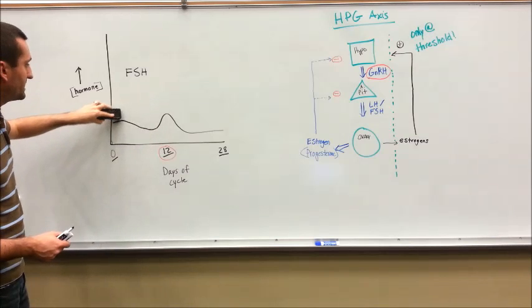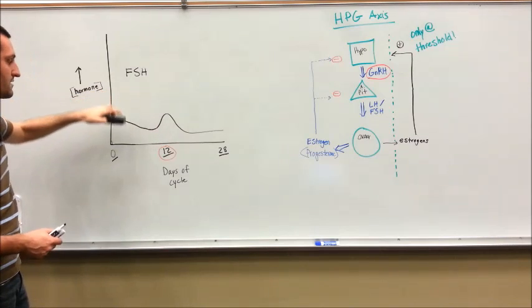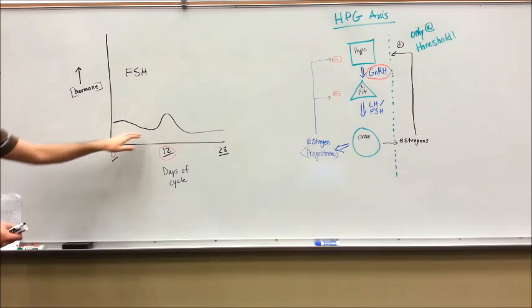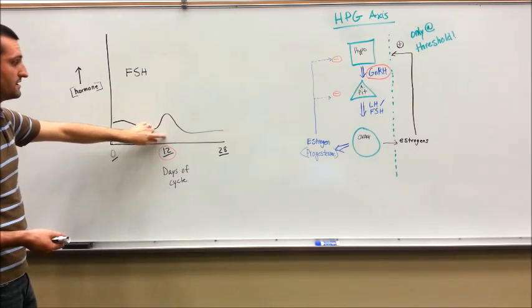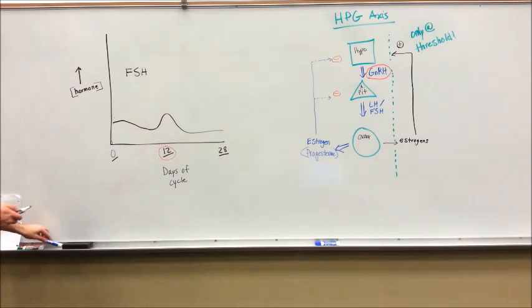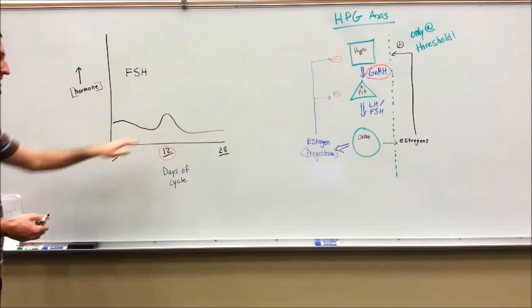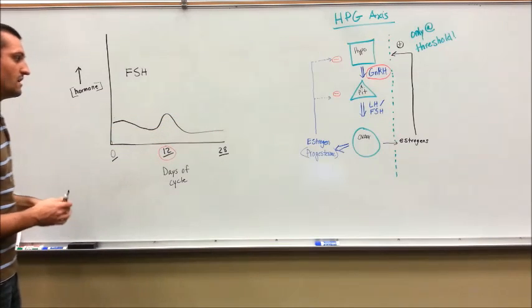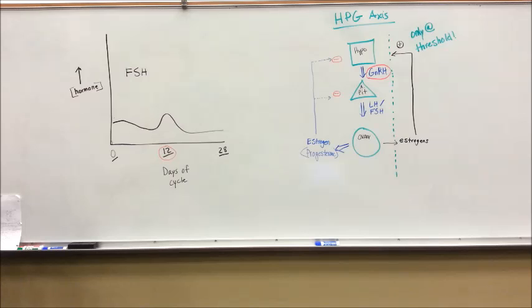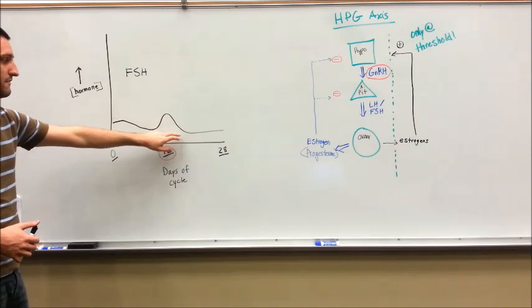That comes at no surprise. Then we have the threshold reached by estrogen causing that LH surge, which is also going to cause a slight increase in FSH as well, mostly LH, but some FSH. And then again, the second half of the cycle, we will have negative feedback happen again, so we're going to have decreased amounts of FSH.